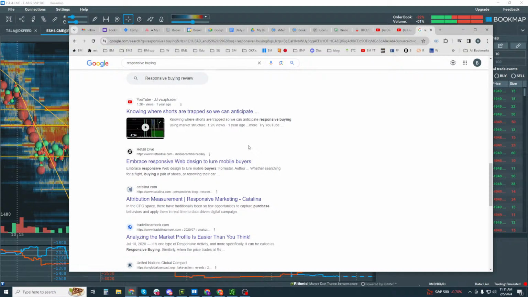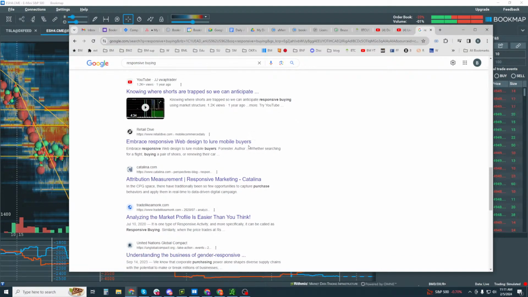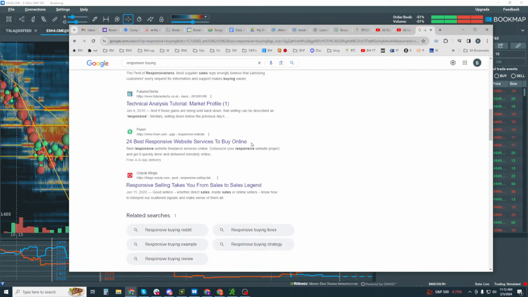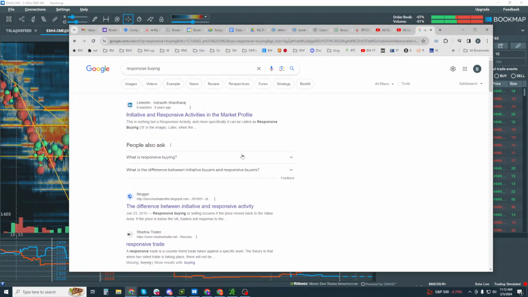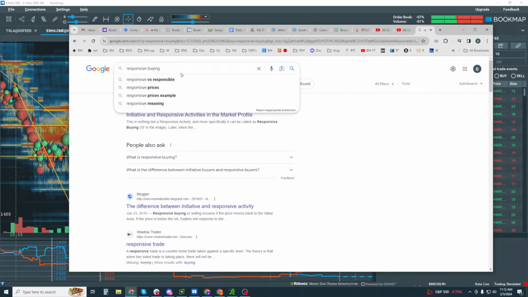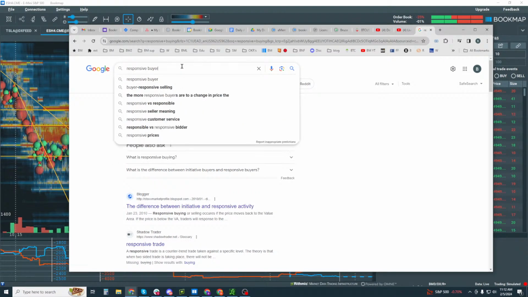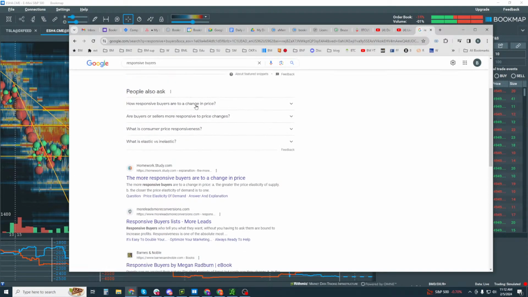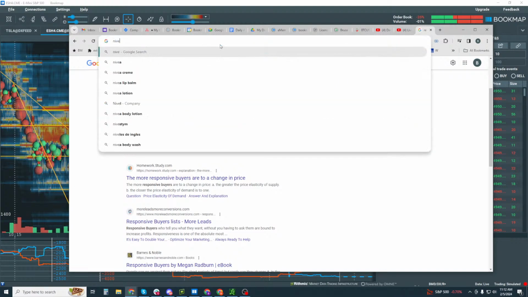Investopedia would probably be the best, right? You've got to be careful with Investopedia though too. All right, let's just go to Investopedia.